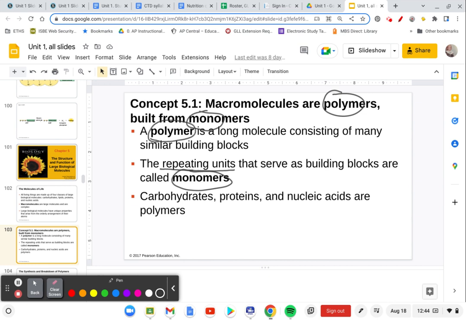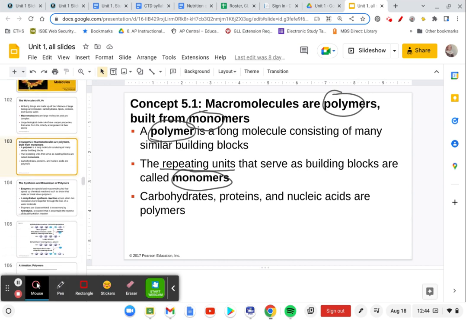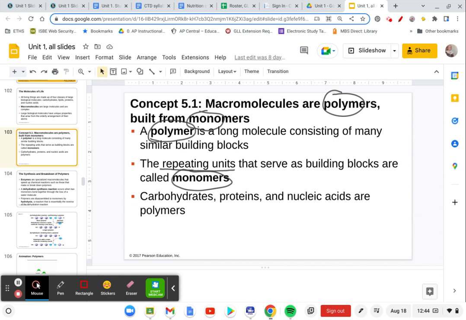Carbs, proteins, and nucleic acids are all considered polymers. They are made up of smaller individual building blocks called monomers. For each one of our macromolecules, we're going to talk about what the monomers are that make it up.